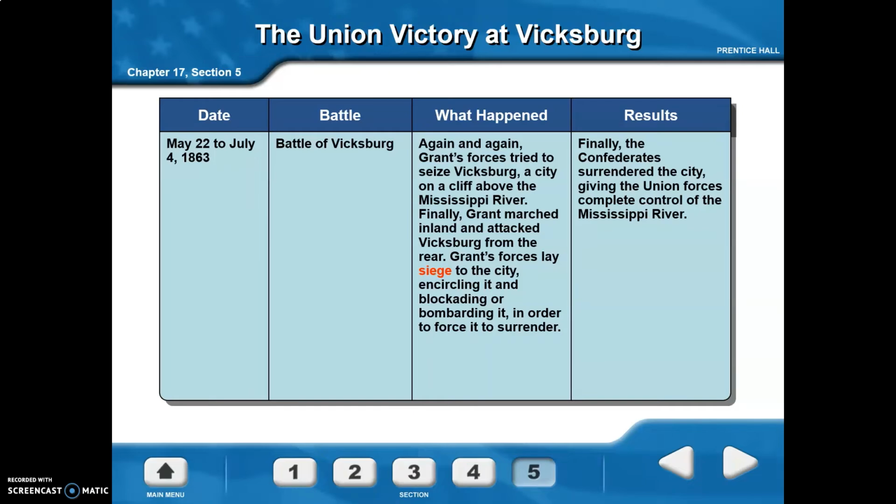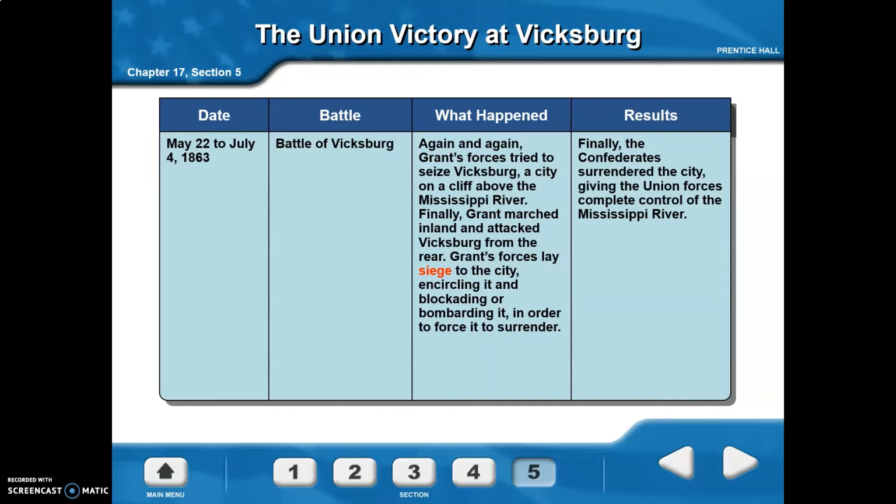And finally, the Confederates surrendered the city because their supplies were out. They were starving because it's from May 22nd to July 4th. It's a long time. It was about 6 weeks that the siege was happening. And the Confederates finally surrendered the city to the Union forces. And now the Union forces have complete control of the Mississippi River, which was one of their plans, one of their strategies.